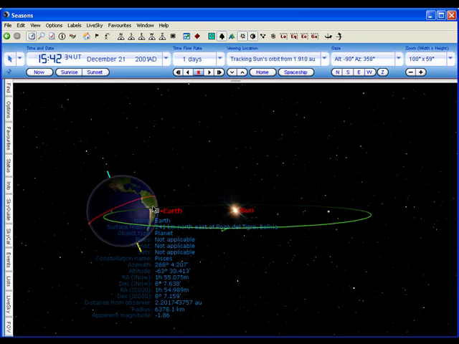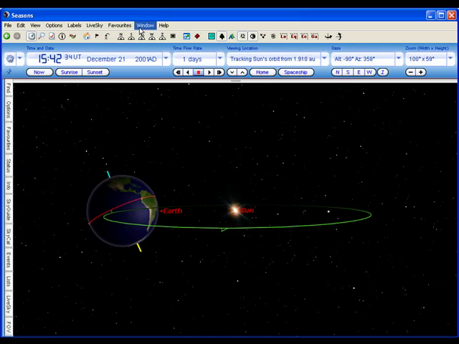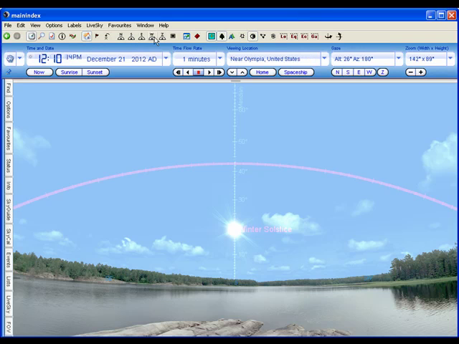Now let's take a look at what the sky would look like at noon in Olympia, Washington, which is in the northern hemisphere. Okay, so here we are. This is the winter solstice.